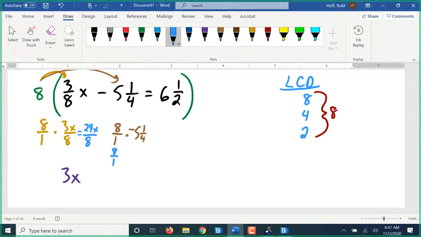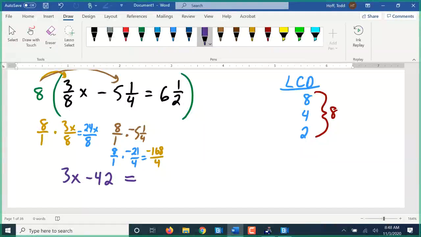Well, the negative 5 1/4 has to be turned into an improper fraction. 5 times 4 is 20, plus 1 is 21, so it's a negative 21 for us. 8 times negative 21 is a negative 168. 1 times 4 is 4. Negative 168 divided by 4 is negative 42.